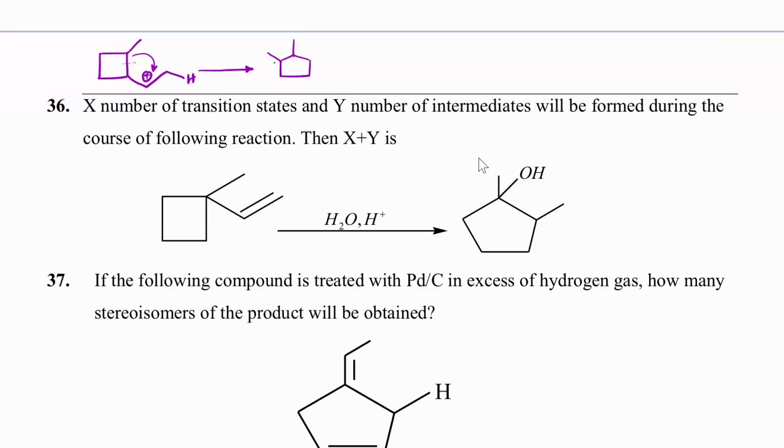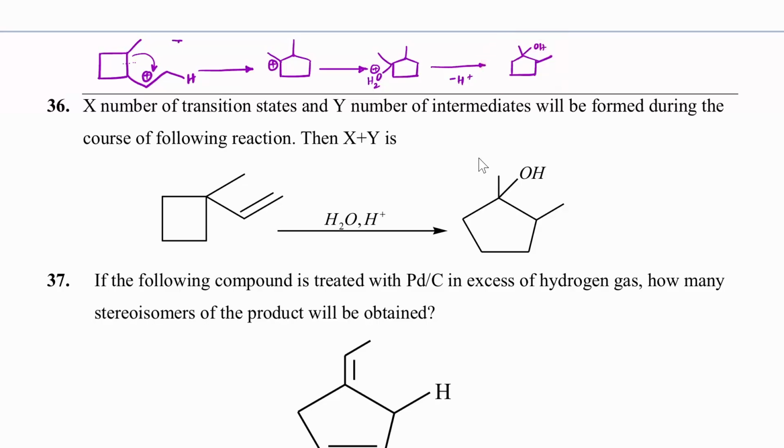And that will have a positive charge on it. Hereafter, there is no more migration. So directly OH2 plus addition will happen, hydrolysis. And that will finally lose H plus to give the final product, which is OH and this one. Okay, this is the product which you get.